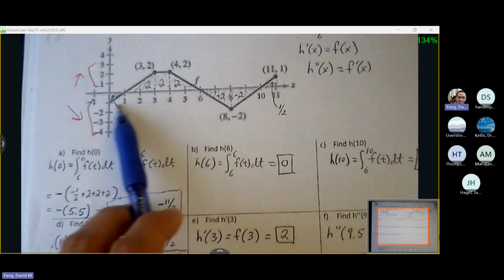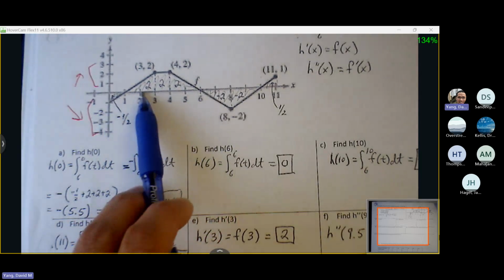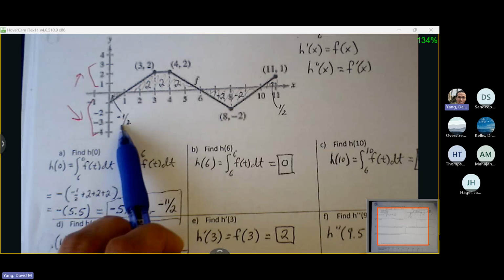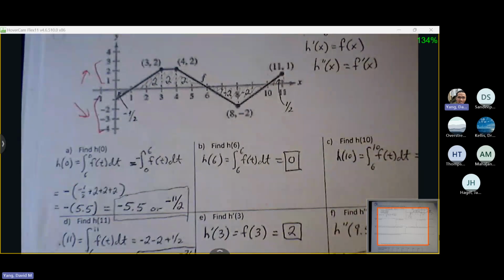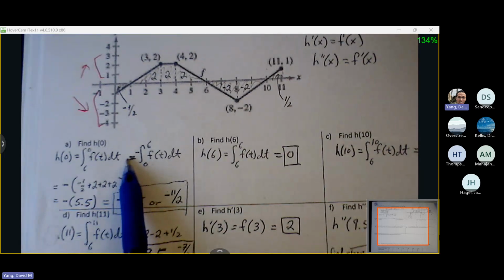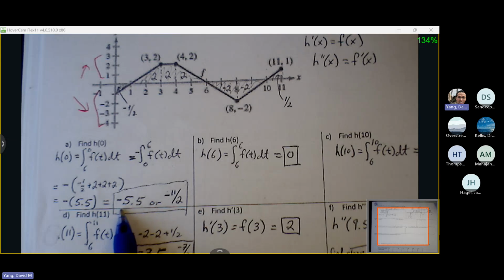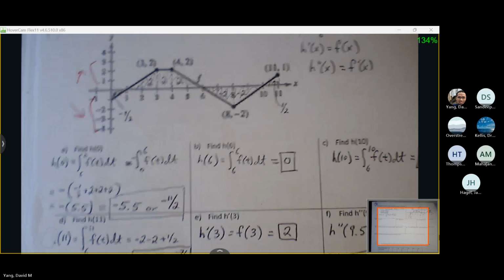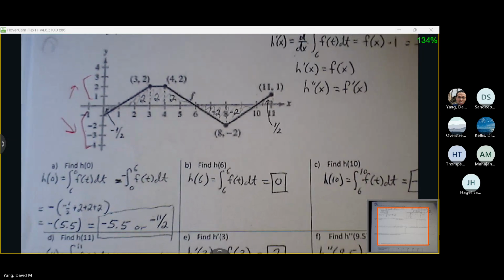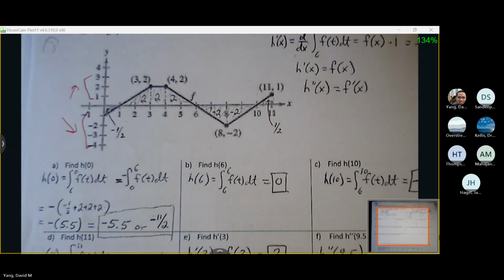So 2 plus 2 plus 2, 6 minus 1/2 is 5.5, but we flip the bounds and pull the negative outside, so that 5.5 will turn into a negative 5.5. Any questions there with part A?